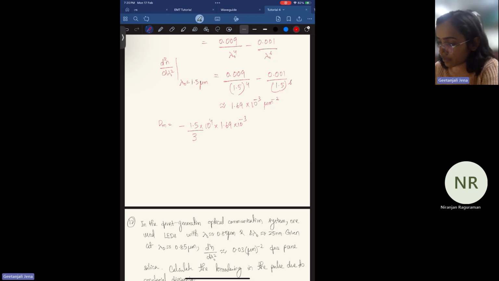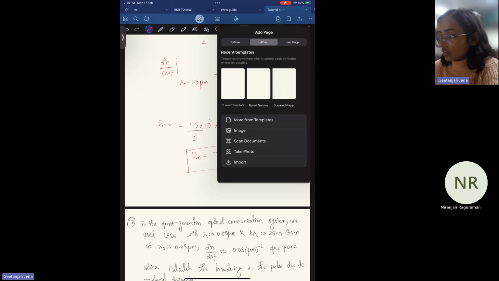This will give a value of minus 8.45 picosecond per kilometer nanometer. So we have Dm as minus 8.45 picosecond per kilometer nanometer. This is the first part of the question.